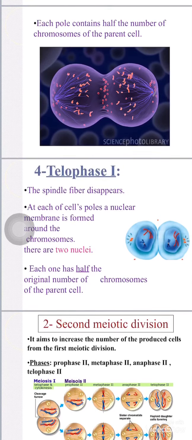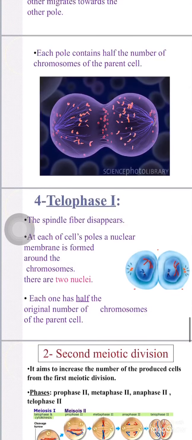Yes, the spindle fibers start to disappear, the nuclear membrane starts to form, the nucleolus starts to form, and each cell contains half the number of chromosomes of the parent cell, okay? So at this stage, I have two new cells, or two daughter cells, containing half the number of chromosomes as the parent cell.